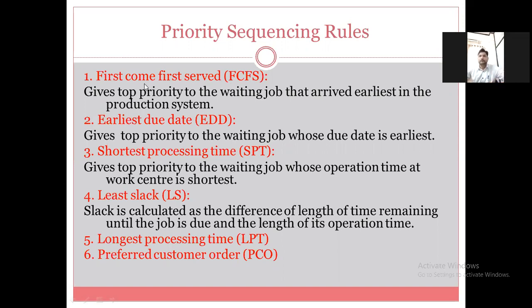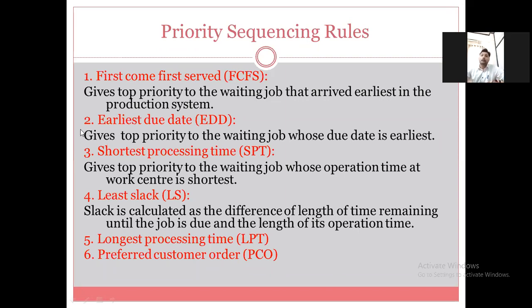We know that in the first come first serve rule, whichever component comes first to that particular workstation, which is in a waiting position, the first priority will be provided to that job. Okay, so that is first come first serve: it gives top priority to the waiting job that arrives earliest in the production system.